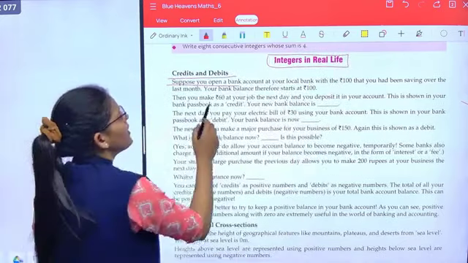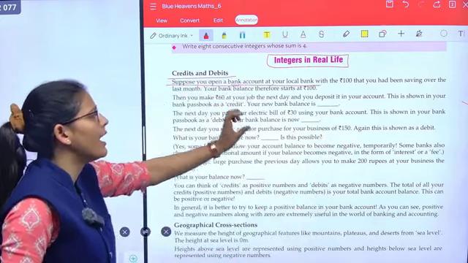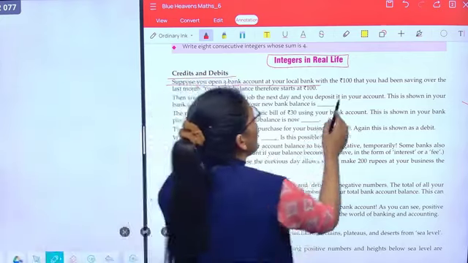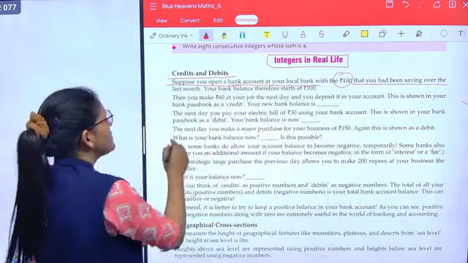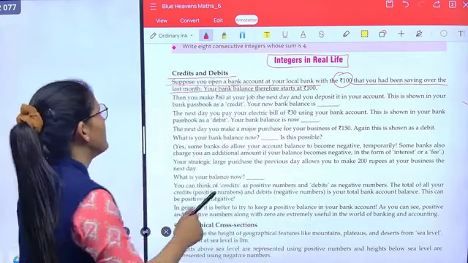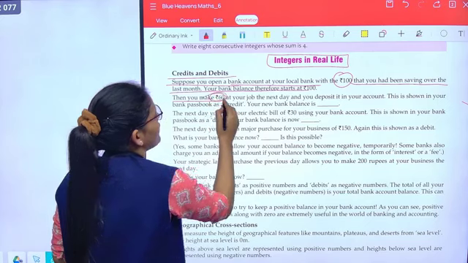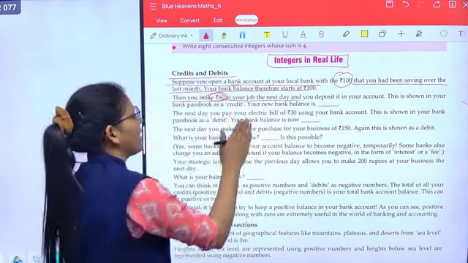Now suppose you open a bank account at your local bank. Class, you opened a bank account at your local bank with the 100 rupees that you had been saving over the last month. Your bank balance there starts at 100 rupees. Then you make 60 at your job the next day and you deposit it in your bank account again.